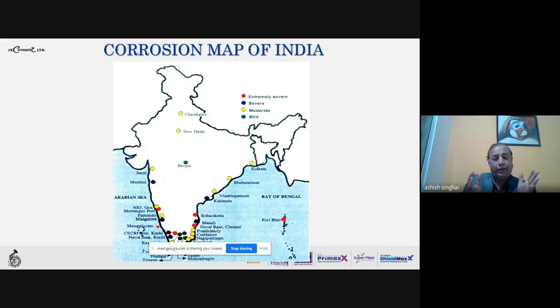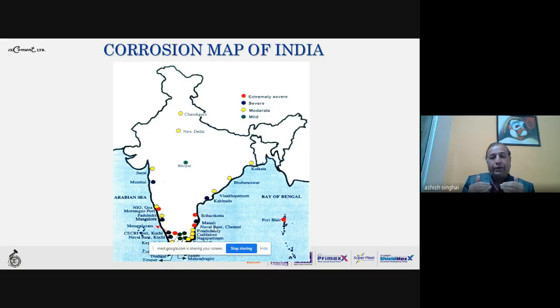Now there are many states and innumerable districts and villages situated along and across this 7,000 kilometer long coastal line. As we all know, the salinity of the water is very high. We have a great amount of sulfates and chlorides in that salty water.